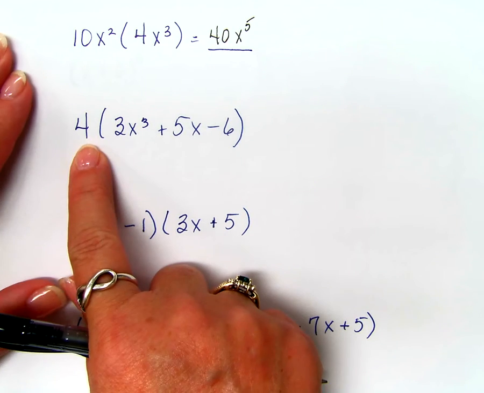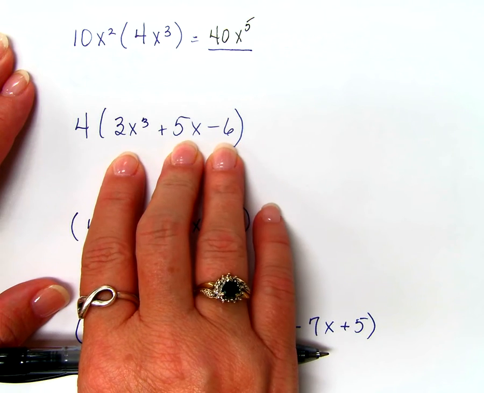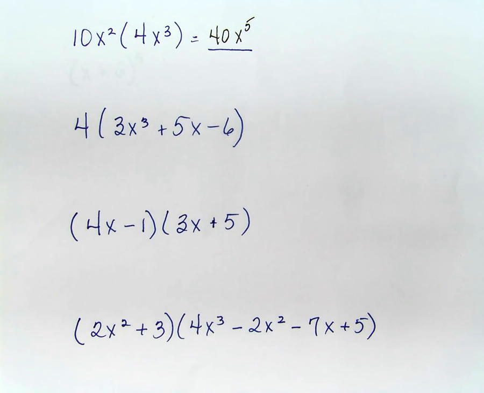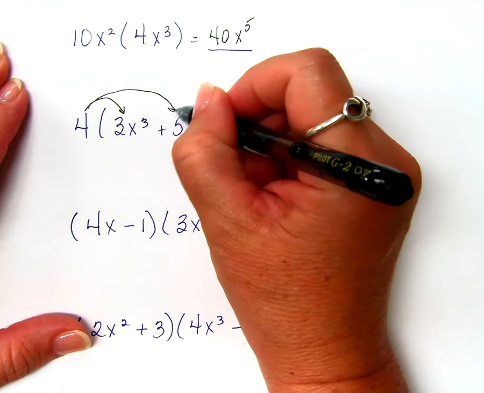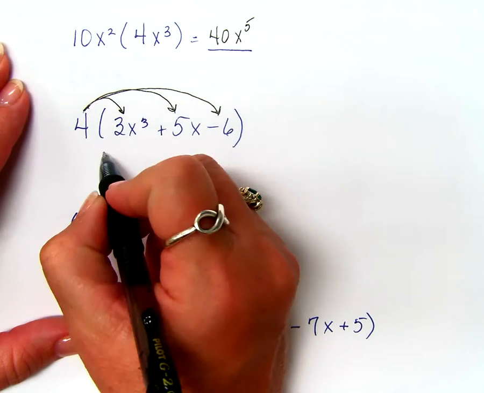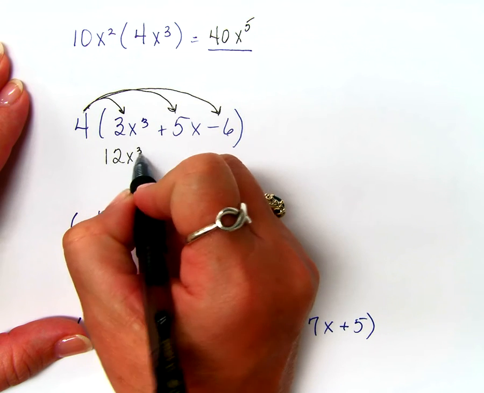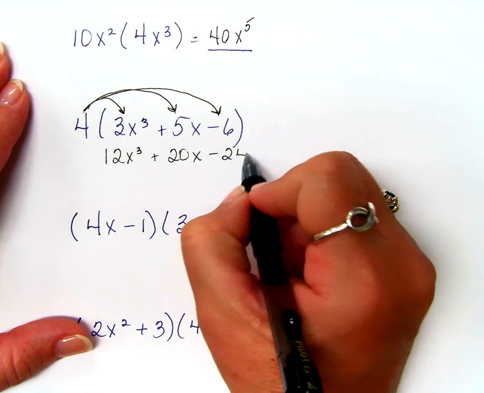Okay? What am I going to do with this 4? There's 3 terms, so it is a trinomial inside of the parentheses. So I will distribute the 4 to each term inside of the parentheses. I get 12x to the 3rd plus 20x minus 24.